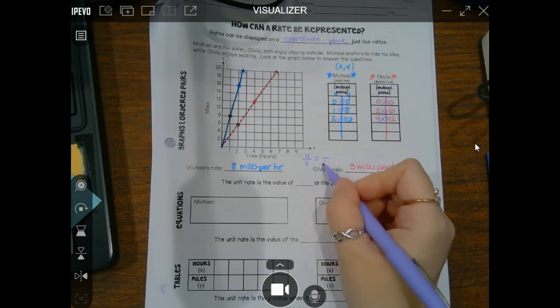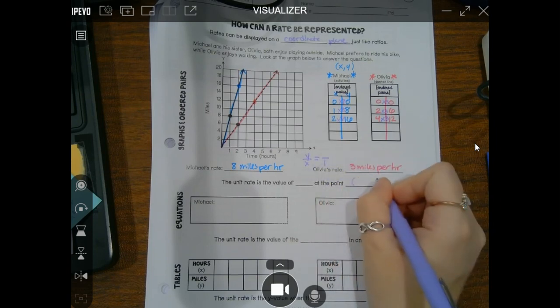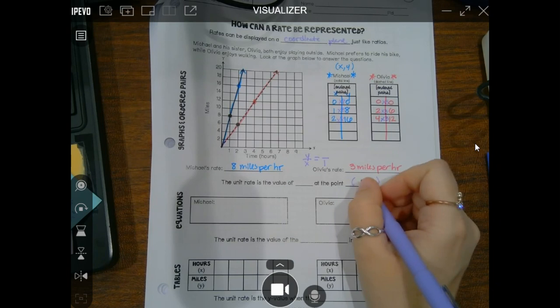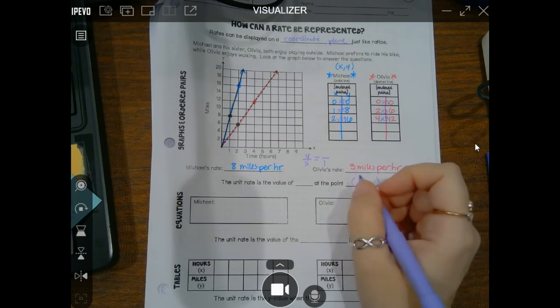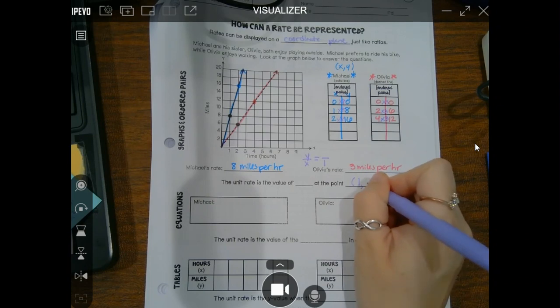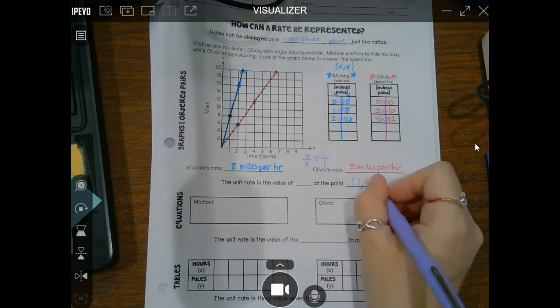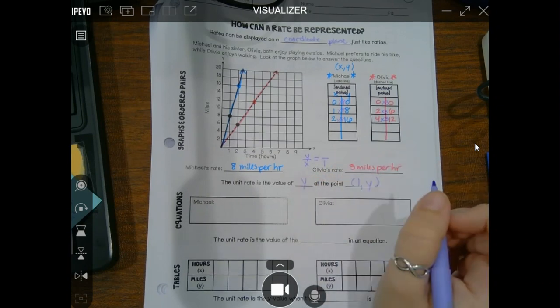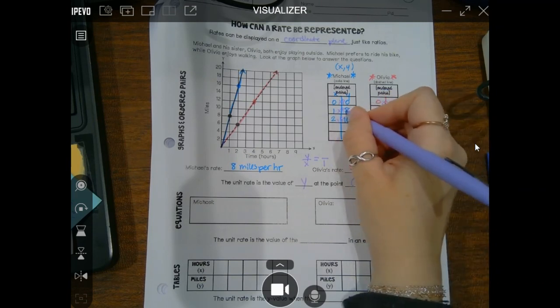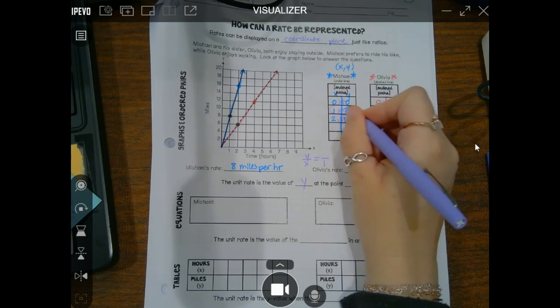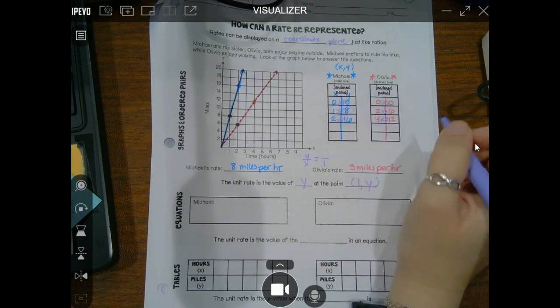Yeah, the x value needs to be 1. So in your coordinate point, x is 1, and then the unit rate is going to be whatever the numerator is, which is the y value. So if you were to find when x is 1, what's y? That would be your unit rate, okay?